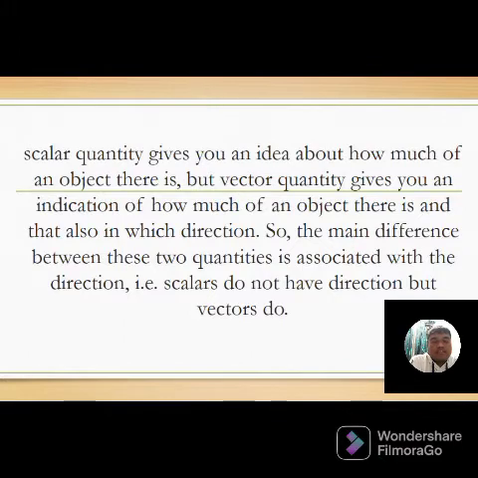In short, a scalar quantity gives us an idea about how much of an object there is, but a vector quantity gives you an indication of how much of an object there is, and also in which direction. So the main difference between these two quantities is associated with direction.